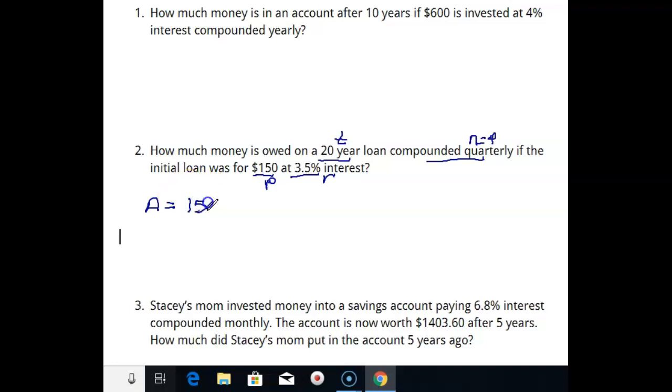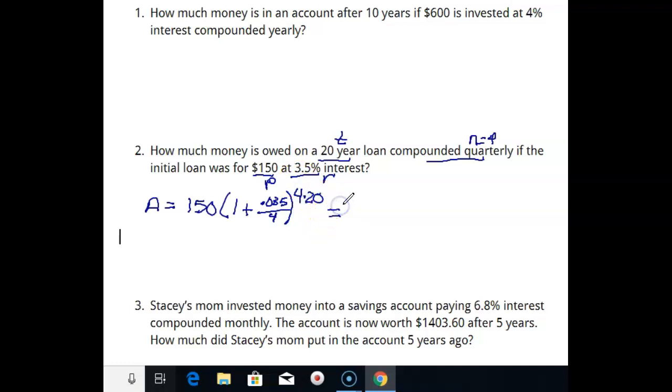So $150 times 1 plus the interest rate, 0.035, divided by the number of times it's compounded, 4, raised to the number of times it's compounded, 4, times 20 years.